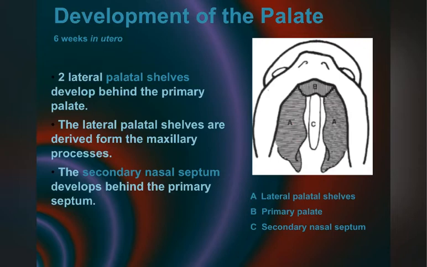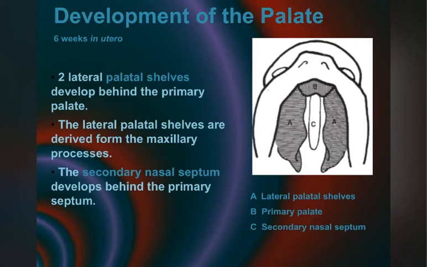Two lateral palatal shelves, this one and this one. Two lateral palatal shelves develop behind the primary palate. This is the primary palate here. The lateral palatal shelves are derived from the maxillary processes.